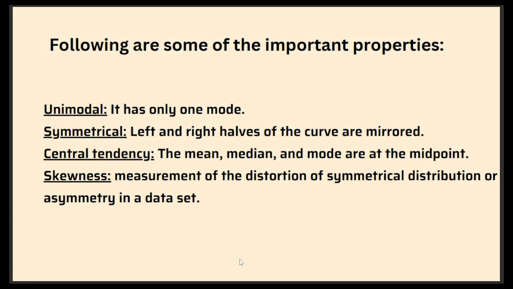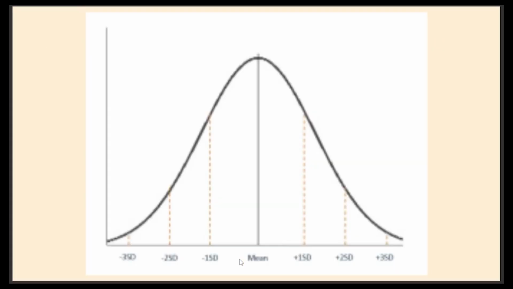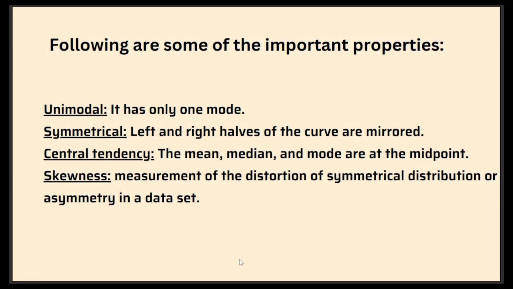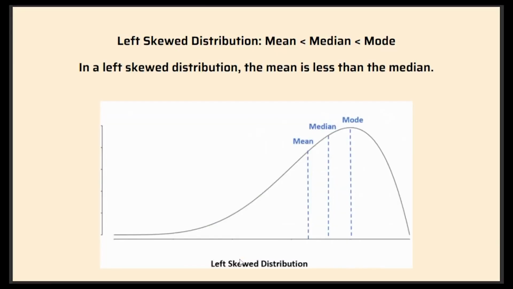Next one is skewness. Skewness is the measurement of the distortion of symmetrical distribution or asymmetry in a data set. We know that a normal distribution is symmetrical, but skewness is the measurement of asymmetry in a data set. This is the left skewed distribution, in which mean is less than the median, which is less than the mode.